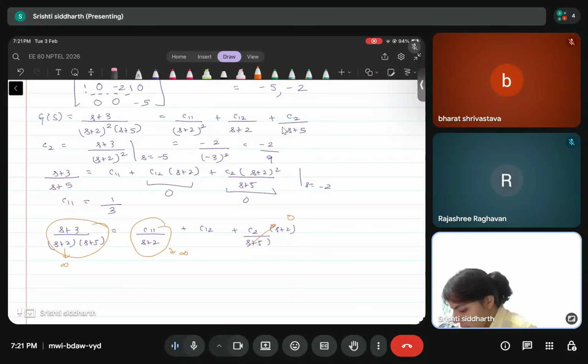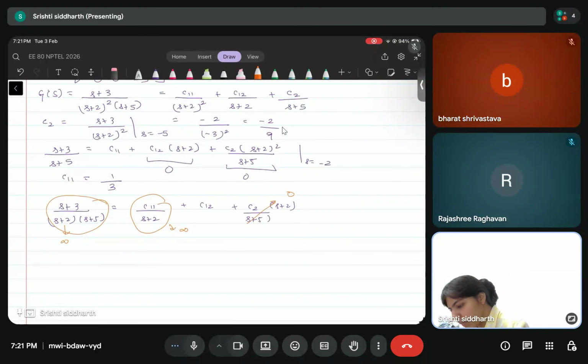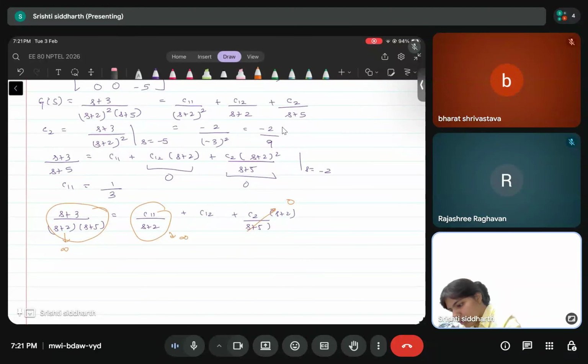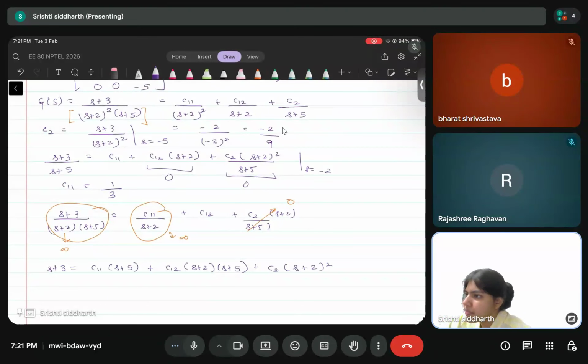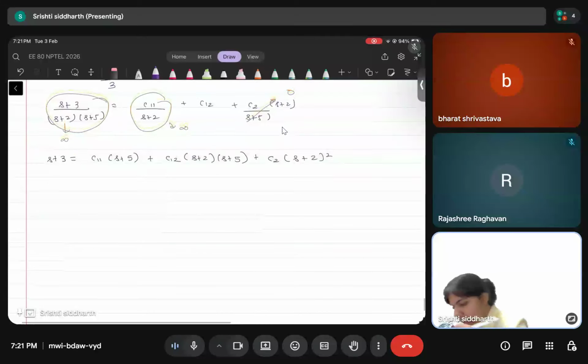Alright, so to do this, let's simplify the expression on both sides. This is S plus 3 equals C11 times S plus 5, if you multiply by S plus 2 squared times S plus 5 on both sides. Then we have C12 times S plus 2 times S plus 5, plus C2 times S plus 2 squared. Okay, so let's expand this.